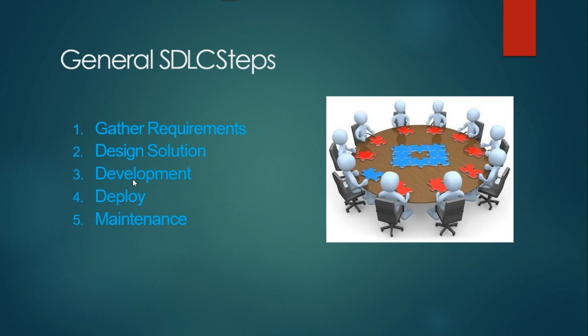Let's develop it. In the context of software, development is done by the development team, the IT team. It can be the developers, testers, or everybody who is involved in the making of a software. They come into the picture and start working as a development team.